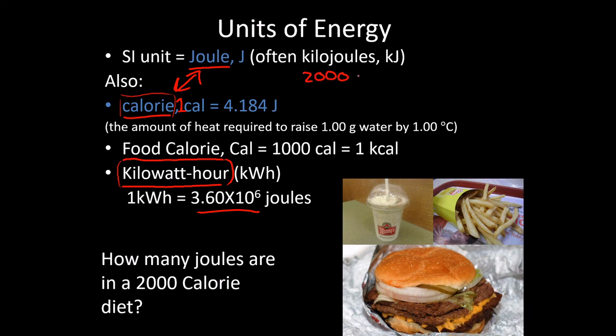Well, if we have 2,000 of these big calories, I know how many normal calories there are per food calorie, and I know how many joules there are per normal calorie. So I can just use 2 unit conversion factors here.